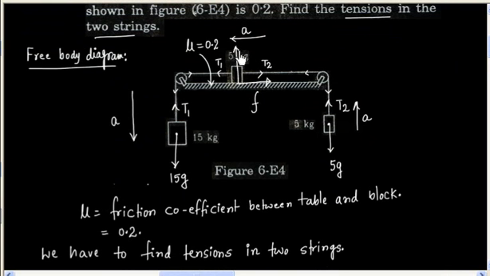A normal reaction will also act on this block, and weight will also act. Friction is equal to mu times N.